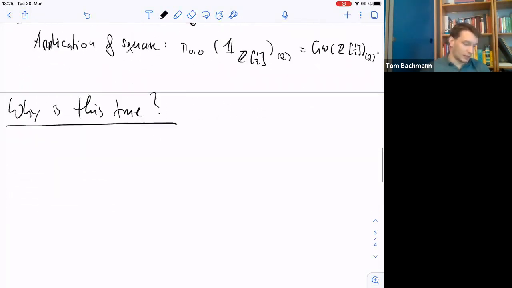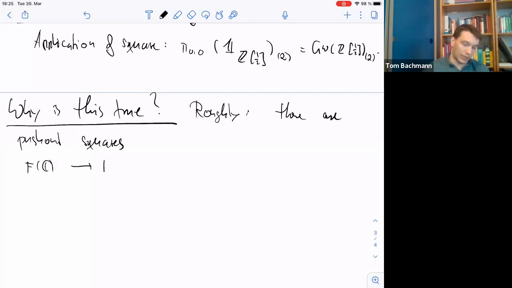Right. So the rough reason is the following. Roughly, there are push-out squares, so they're going to look like this. You take, let's say, F of C, F of R, F of F3, F of Z[1/2], where for F you take various functors, right?